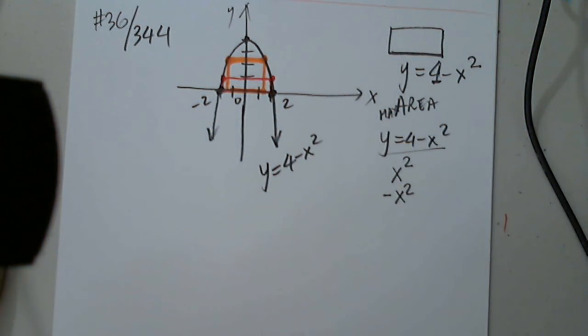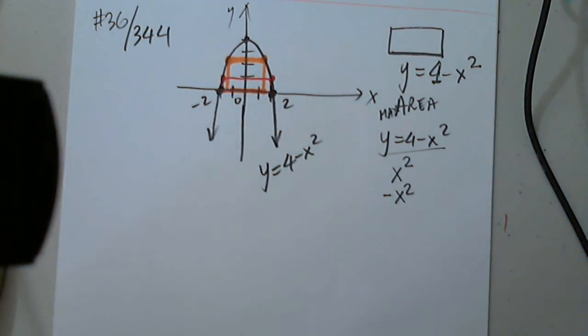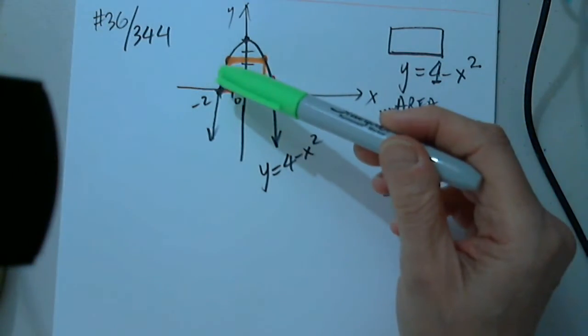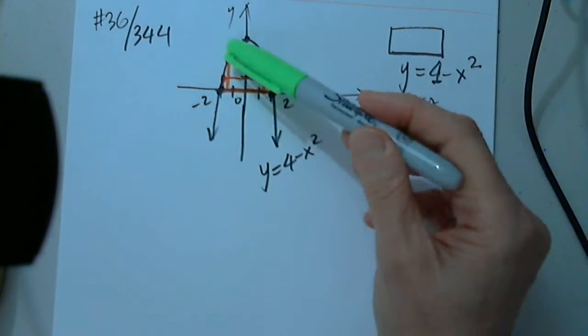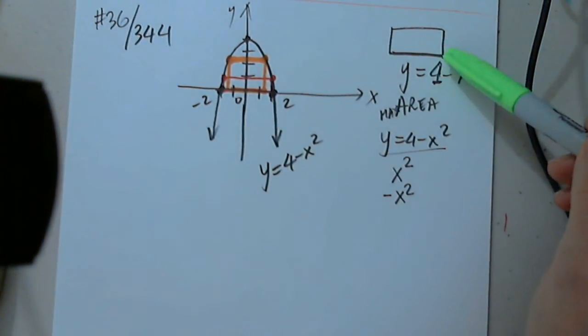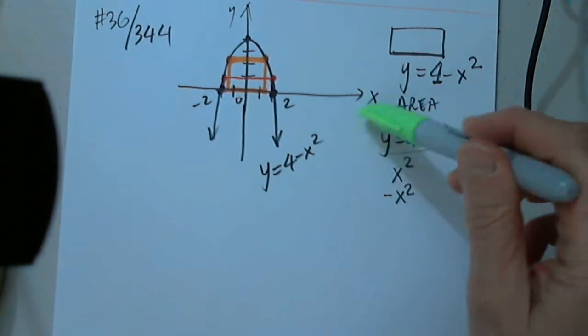And I can continue forever, but I don't want to put more into here, right? So the question is, what will be the dimensions? What are the length and the width of this rectangle so that we maximize the area?